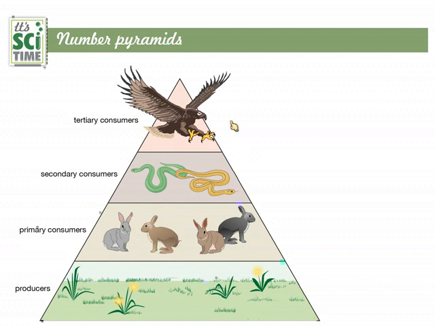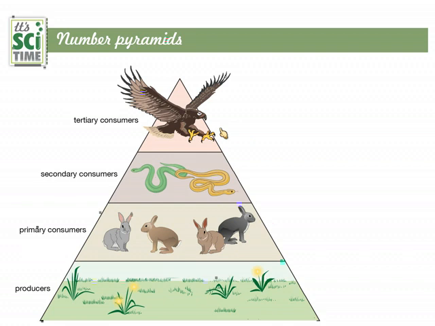Gradually the number decreases. When talking about the energy pyramids, we can understand why this number decreases, and also why the food chain does not extend further after tertiary to the quaternary stages.